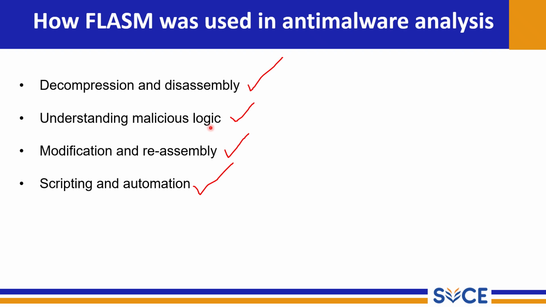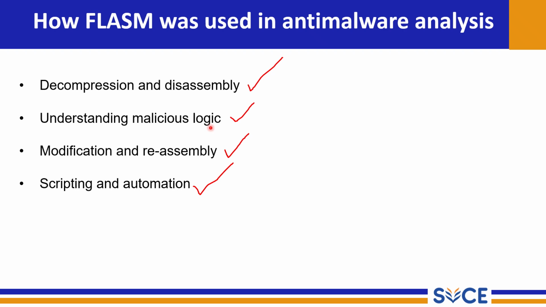Okay. And next topic, modification and reassembly. An analyst could use FlashM to make changes to the disassembled code and then reassemble it back into a new SWF file. This was useful for debugging, that is, injecting trace or logging functions to get a clearer picture of the execution flow during dynamic analysis.